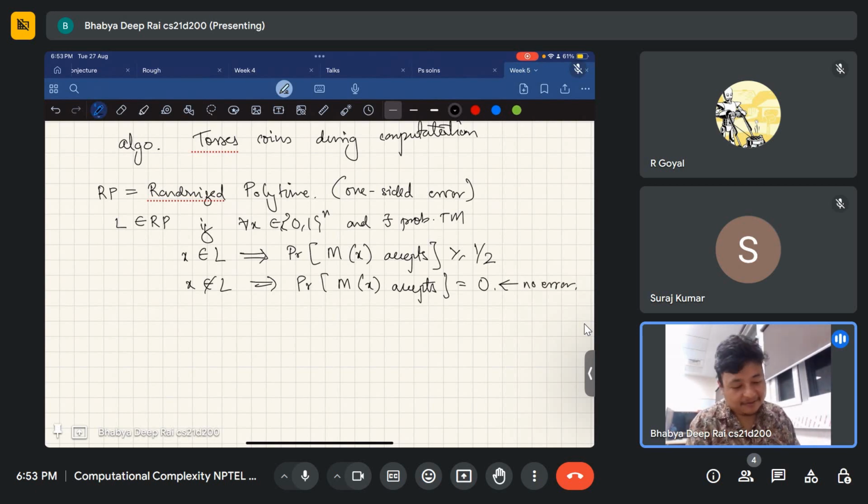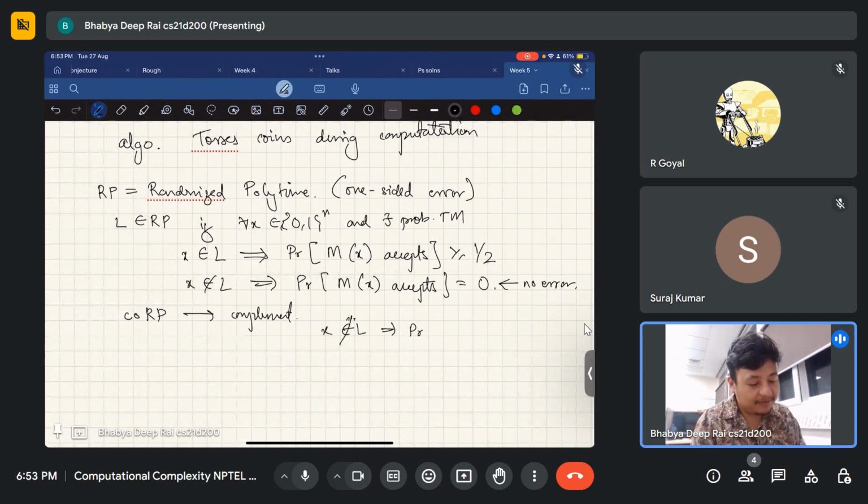This is about RP, and similarly you have coRP, which is the complement. Here it's the opposite: if x does not belong to L, then we have no error, but if it belongs, then we have error.